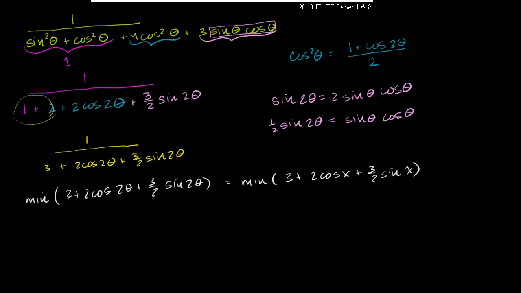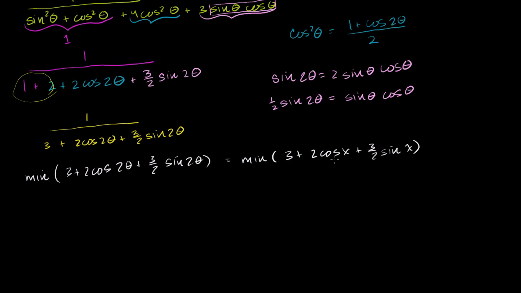And my temptation is to take the derivative, find out where the derivative is equal to 0, and then that will either be a maximum or a minimum point. So let's take the derivative. The derivative of this expression with respect to x: the derivative of 3 with respect to x is 0. The derivative of 2 cosine of x is negative 2 sine of x.